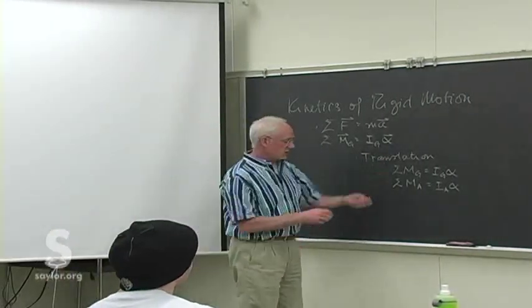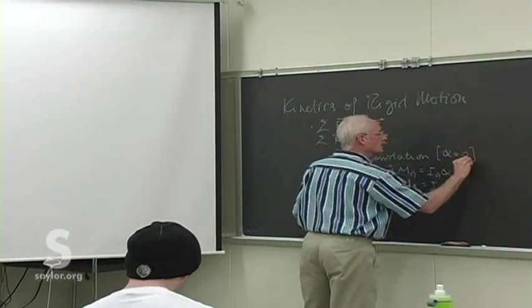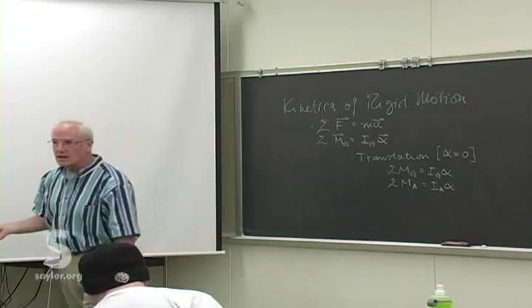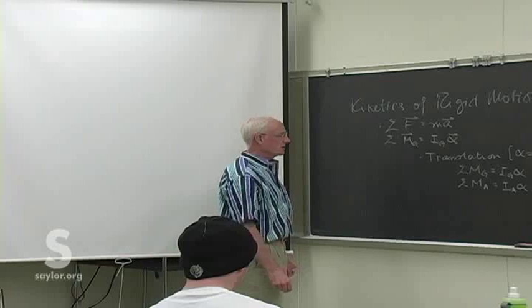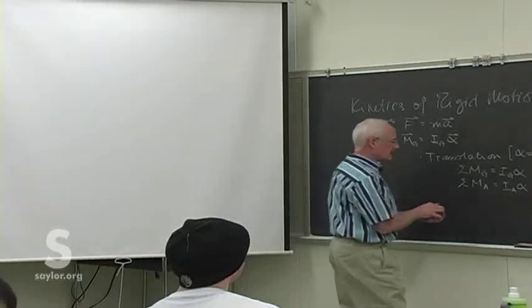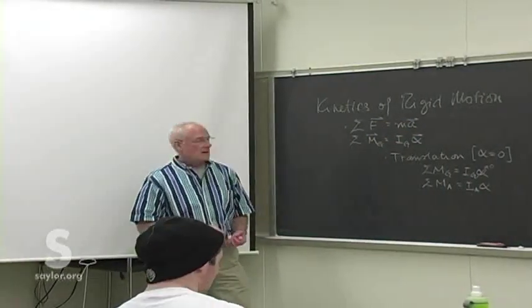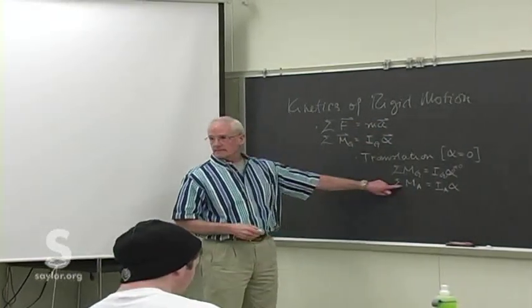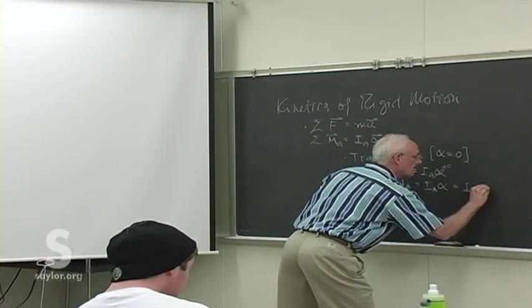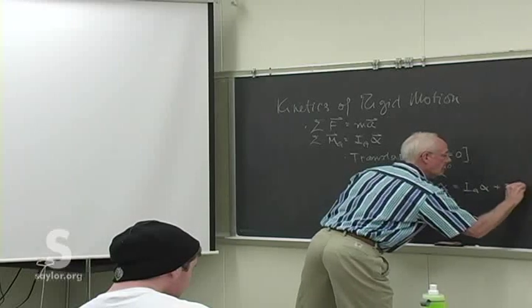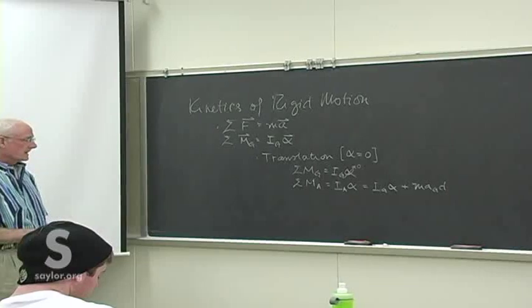Because for translational motion, naturally there's no angular acceleration. If there was, then we'd have a rotational component, and we don't when we're talking about pure translation. In that case, this alpha equals 0, but this one does not, because remember that we had to add on to it an angular momentum term.